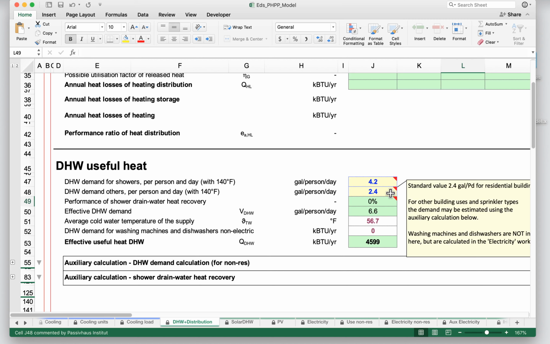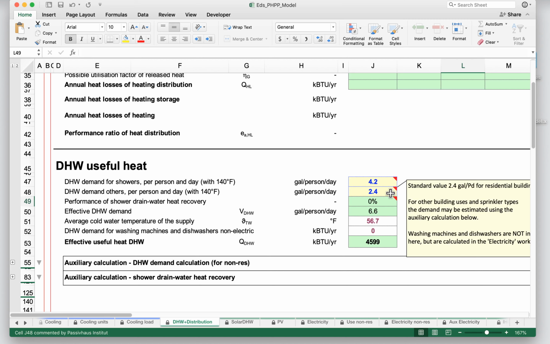Now, you might be thinking those are really low numbers, and you would probably be right. Remember, of course, that that's at 140 degrees, so you do have to consider how you mix that hot water down. But even then, maybe you're talking about 7 or 8 gallons per person per day for a shower. That's a small number for North Americans, right?